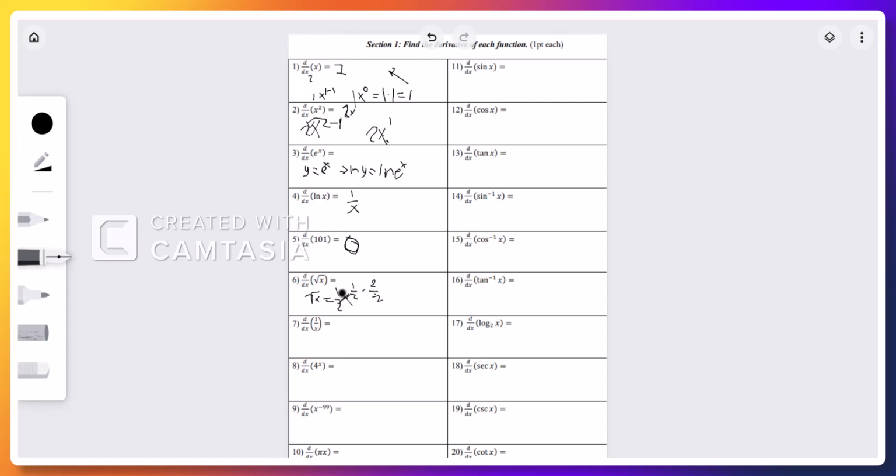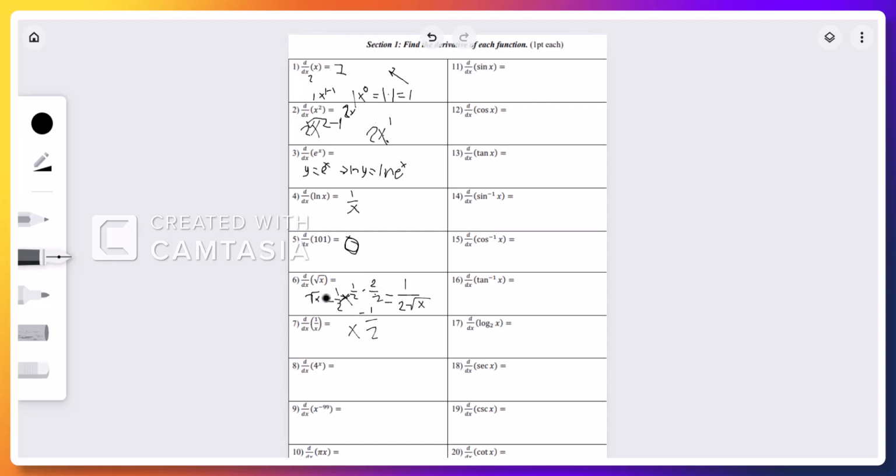As you could tell, the 1 over 2 is going to make it into a fraction. It doesn't mean it's always going to be a fraction. It depends on what the x power is. So since 1 over 2 minus 2 over 2 is negative 1 over 2, this is actually going to make the x a square root, but it's going to be a fraction because when your power is negative, it's going to become a fraction. So this is going to be 1 over the square root of x.